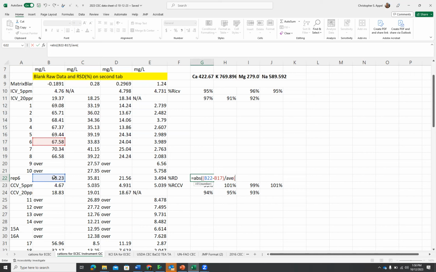I'm going to have it calculate sodium. I'm just not going to take that value. I'm just going to have it do it for all of them.